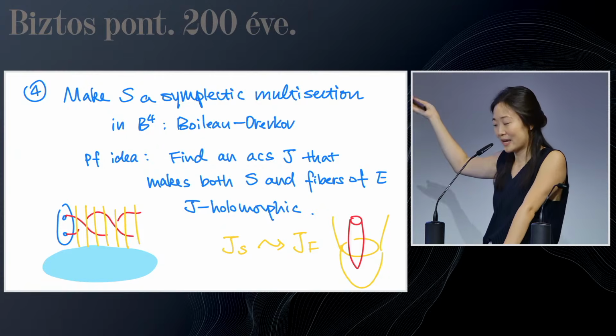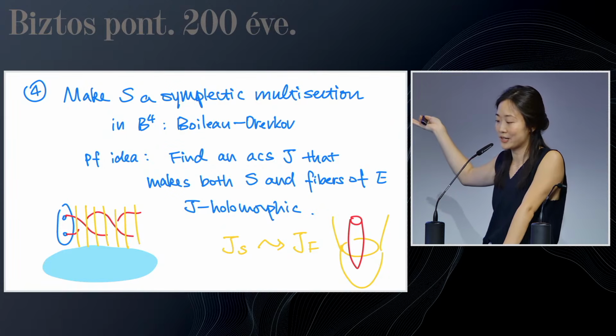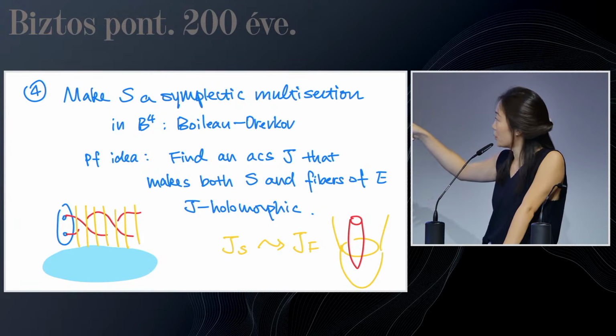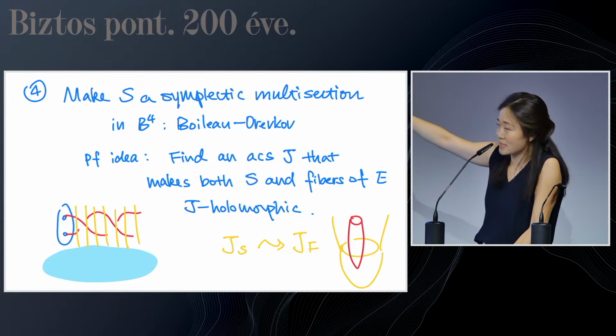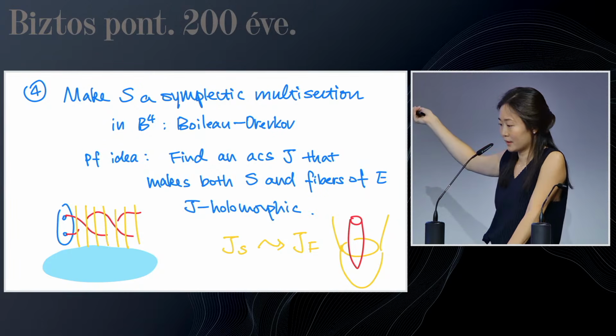So J_F would be the almost complex structure that makes both S and the fibers J-holomorphic, and then you can see that L is actually a multisection.